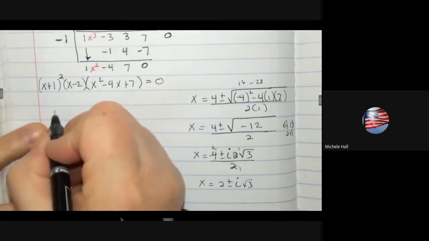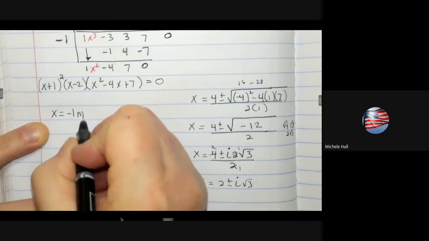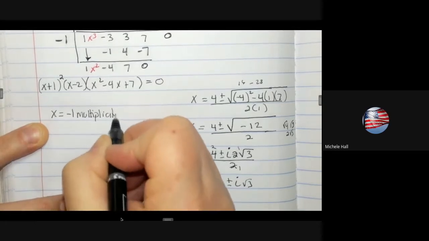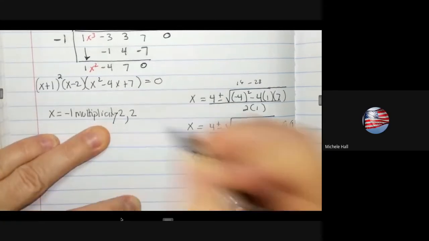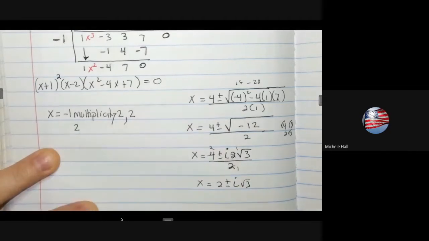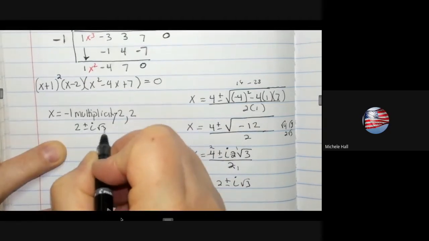We have x equals -1 with multiplicity 2. We have 2, and we also have 2 plus or minus i square roots of 3.